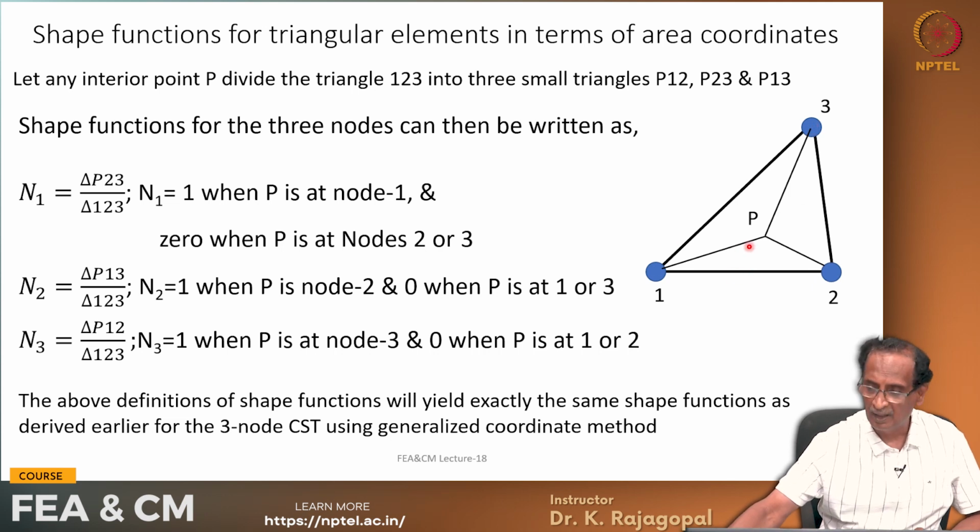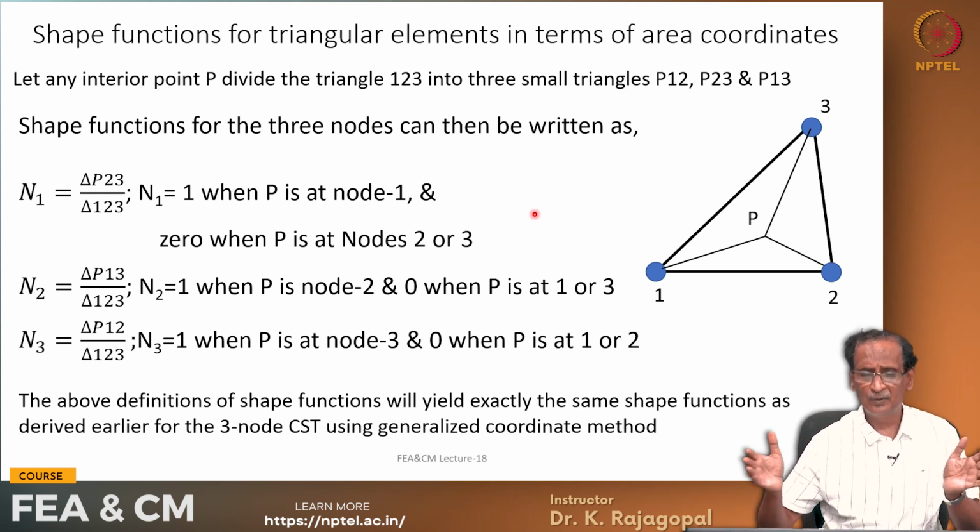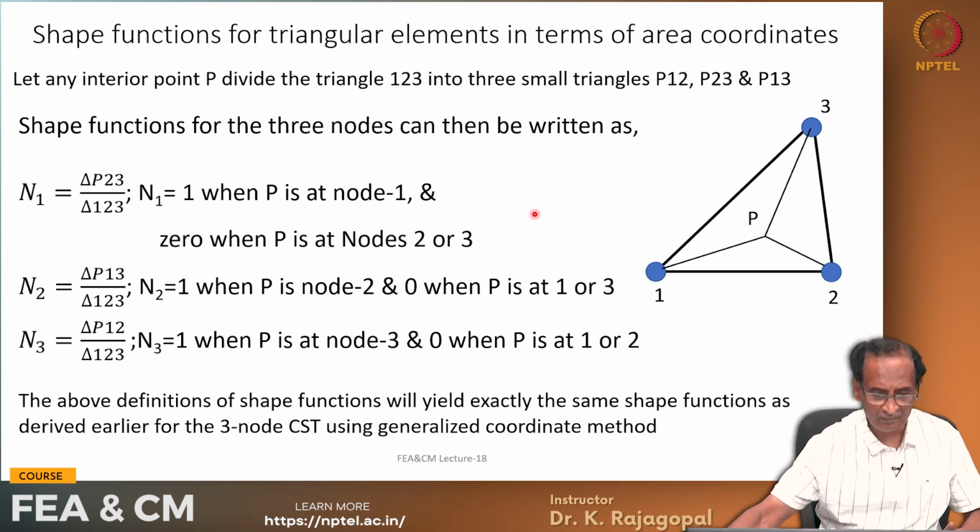So when P is located at node 1, N1 is 1, and when P is located at 2 it is 0, or at 3 it is 0, and in between it varies from 0 to 1. Okay.